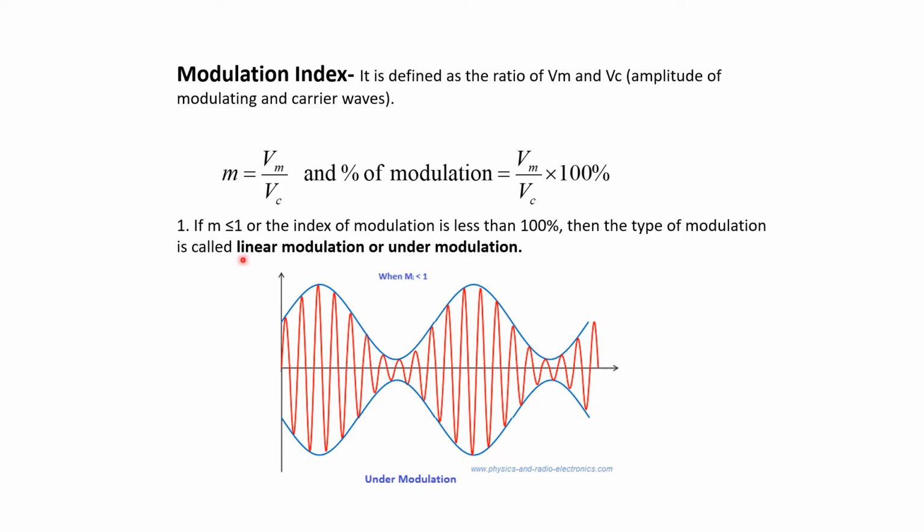And when this kind of modulation is used, then when we demodulate the wave at the receiver, the signal will be obtained in its perfect form. It will not be distorted.